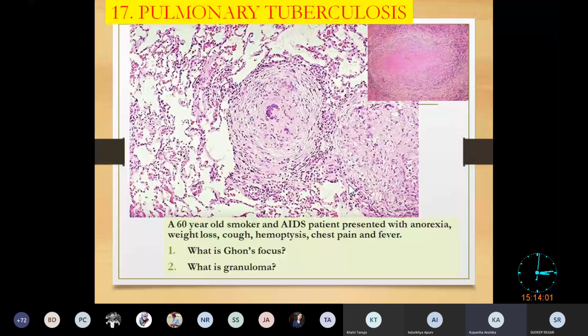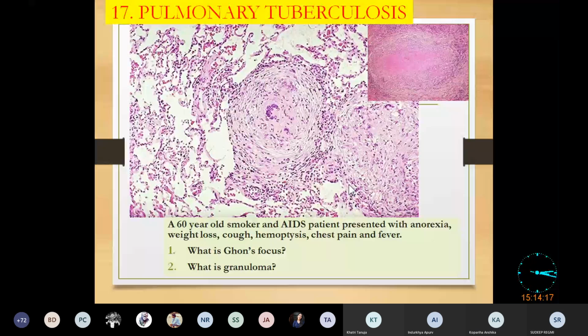Very good. Multiple granulomas composed of epithelioid cells, Langhans type of giant cells, and chronic inflammatory cells such as lymphocytes are seen. Few granulomas show central areas of caseous necrosis.